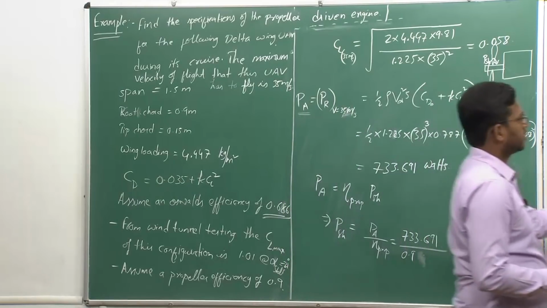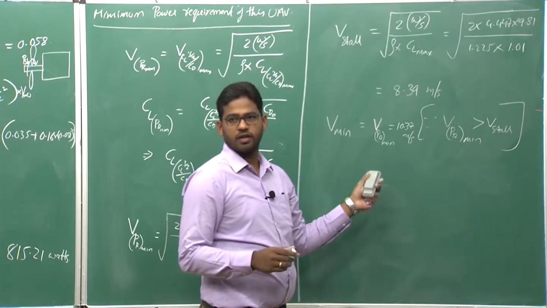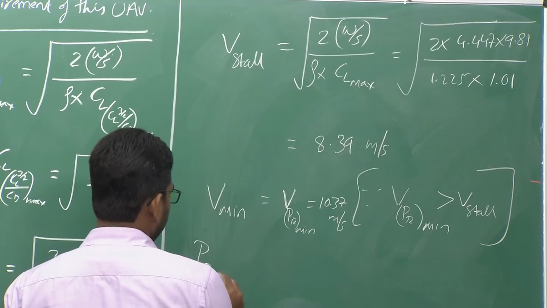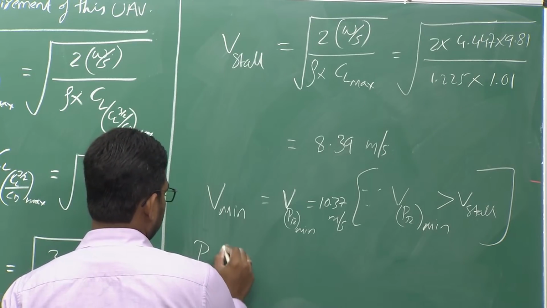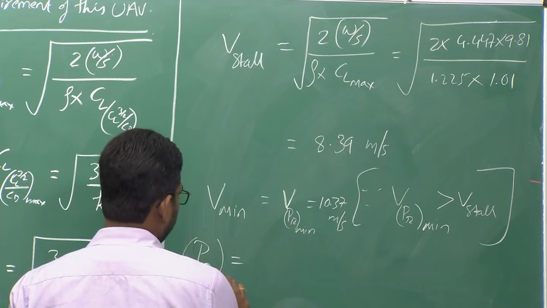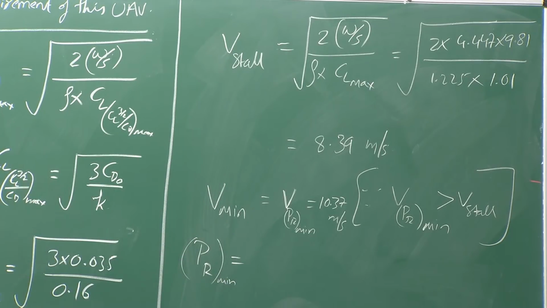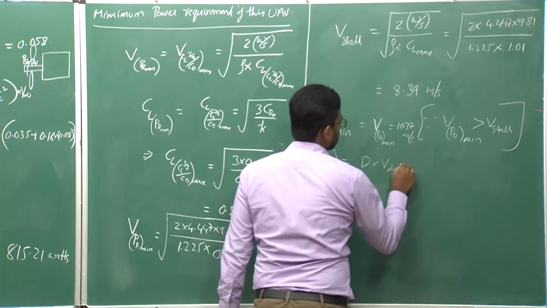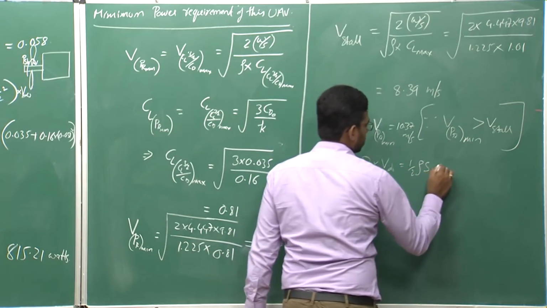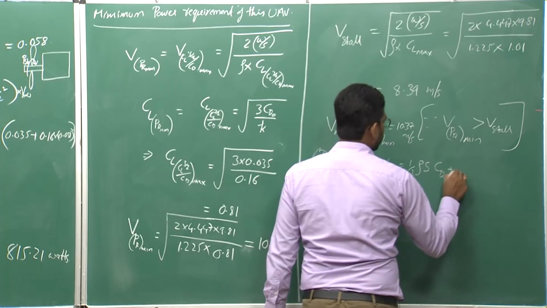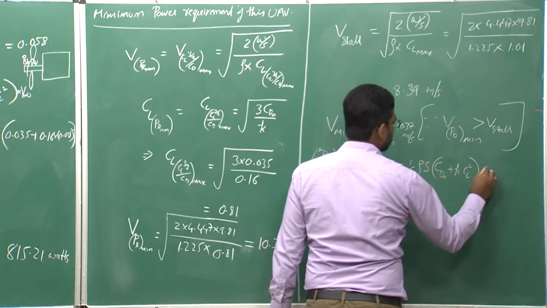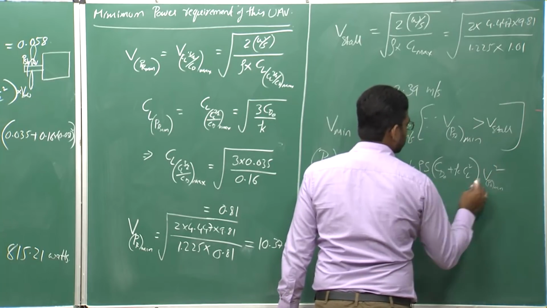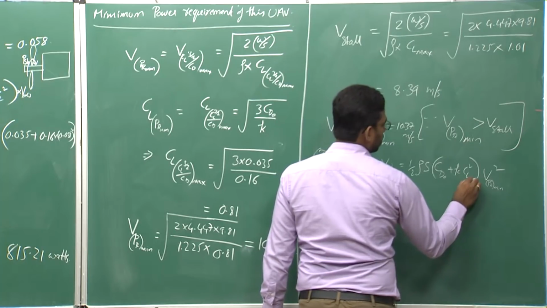So, we have estimated the minimum velocity of flight, and what should be the corresponding power required by the system. So, power required minimum, at the velocity for minimum power required, is equal to drag times velocity, which is half rho S CD naught plus K CL square into velocity for power required minimum cube.